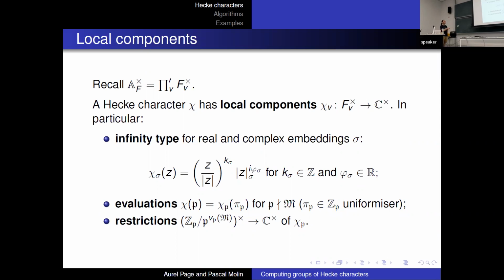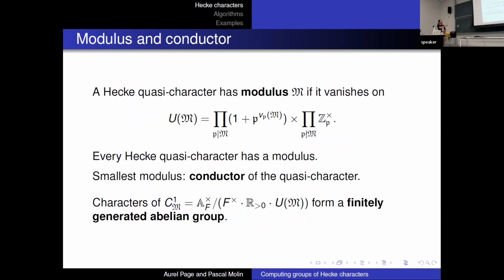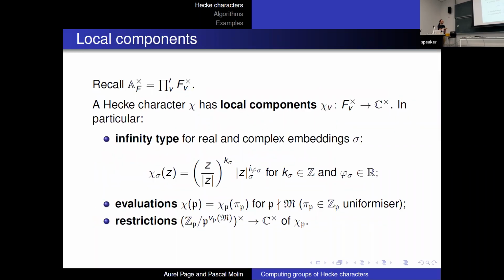You can simply take the local component at the prime P and evaluate at a uniformizer at P. Okay, and if you don't divide the modulus, well, because your character takes values 1 on this, it's actually well defined, and you call that chi of P. That's one evaluation, and you can extend it multiplicatively to ideals that are co-prime to M. Actually, it also makes sense to do exactly this at the primes that divide M, except that now the value you get depends on the choice of uniformizer.